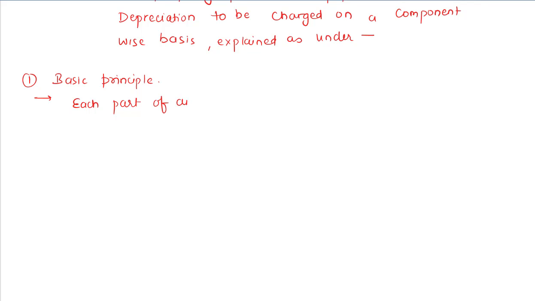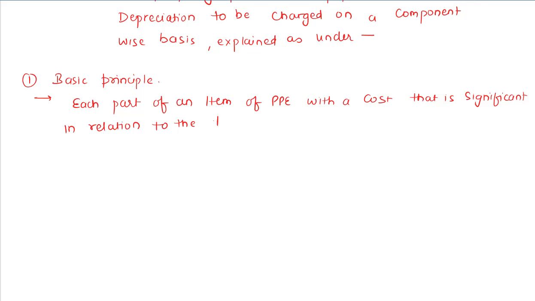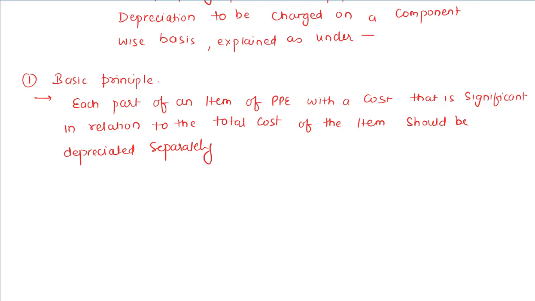Each part of an item of PPE, property, plant and equipment, with a cost that is significant in relation to the total cost of the item should be depreciated separately.